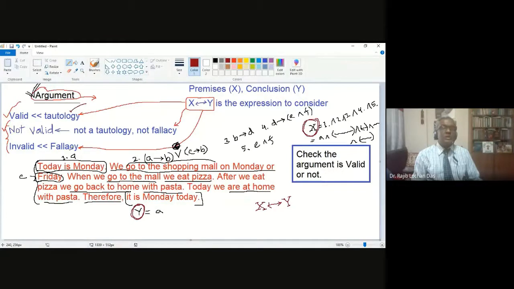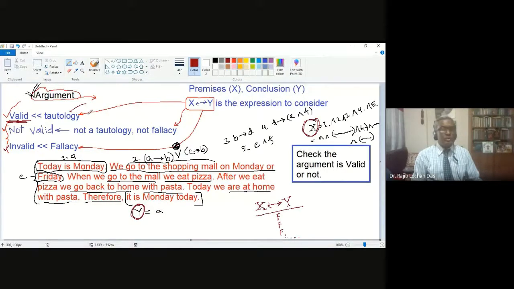So you will say yes, this argument is valid. And if you see it is a fallacy, that means it is false every time. So you will say this is an invalid argument, completely invalid.